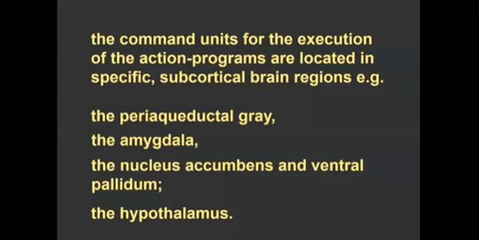So I've outlined a few there: the periaqueductal gray, the amygdala nuclei, the nucleus accumbens, and the ventral pallidum, and the hypothalamus, which for a variety of reasons runs our endocrine system and works together with those other structures. And first thing to say is that they are subcortical.